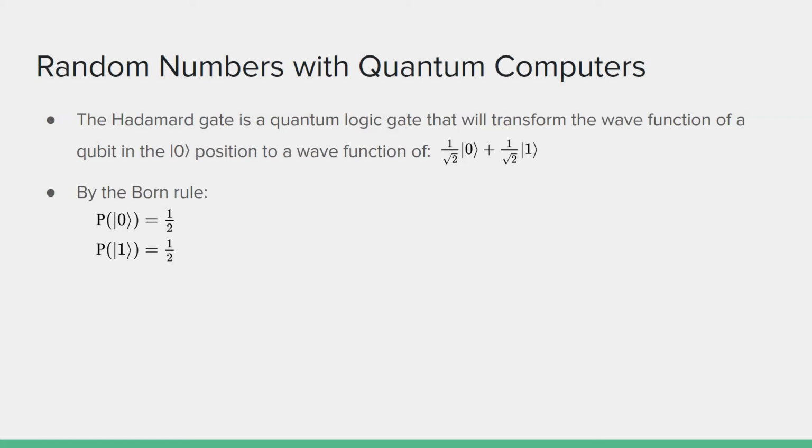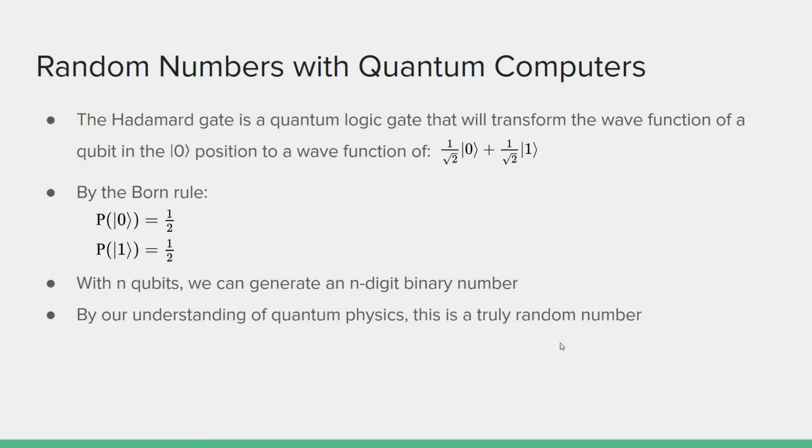That's because the Born rule states the probability of observing an eigenstate is the square of its coefficient. So with n qubits, you can generate an n-digit binary number. And because of our current understanding of quantum physics, each qubit's probabilities are exactly half, so the total sequence will be random as well.